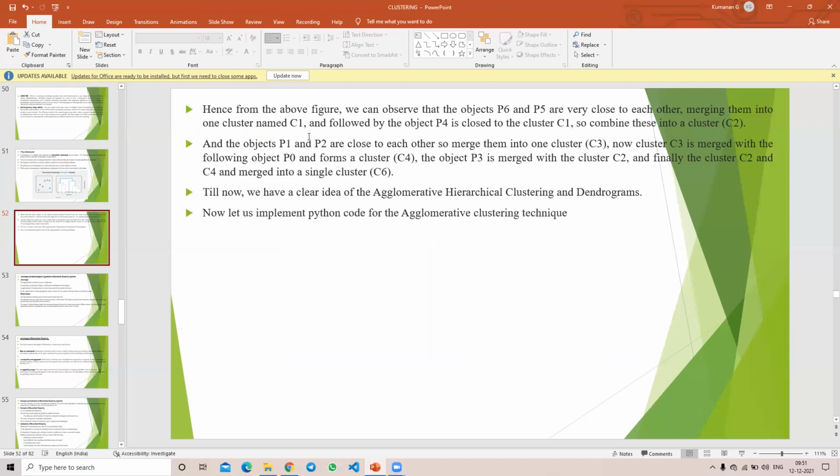So combine these into cluster C2, and the objects P1 and P2 are close to each other, so merge them into one cluster C3. Now cluster C3 is merged with the object P0 and forms a cluster C4. The object P3 is merged with C2, and finally the clusters C2 and C4 merge into a single cluster C6. Till now we have a clear idea of agglomerative hierarchical clustering and dendrograms.